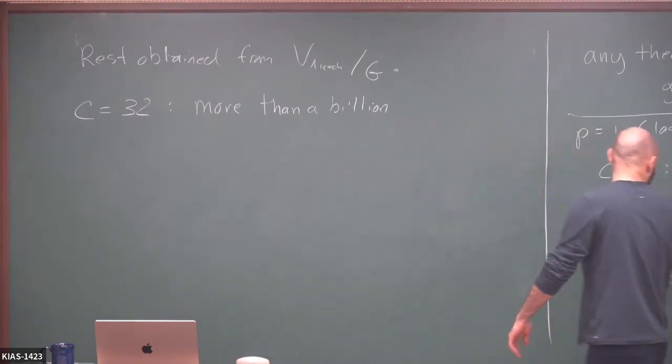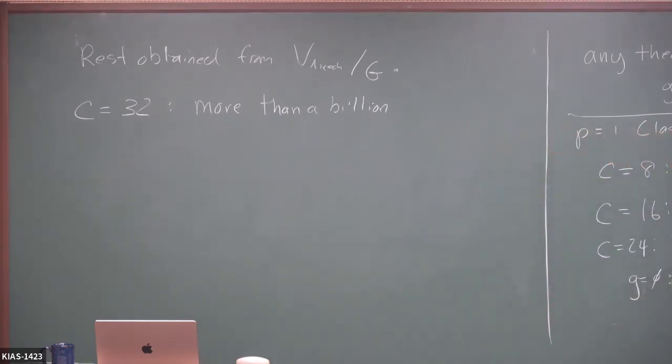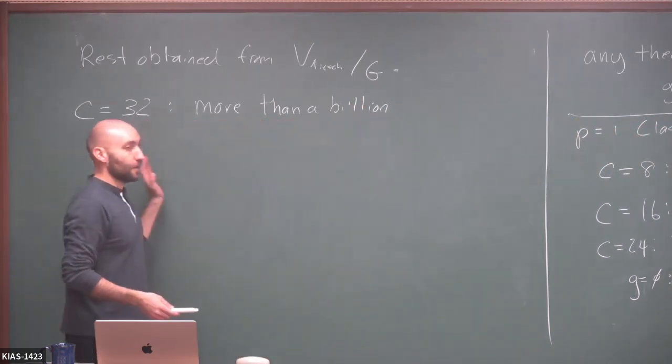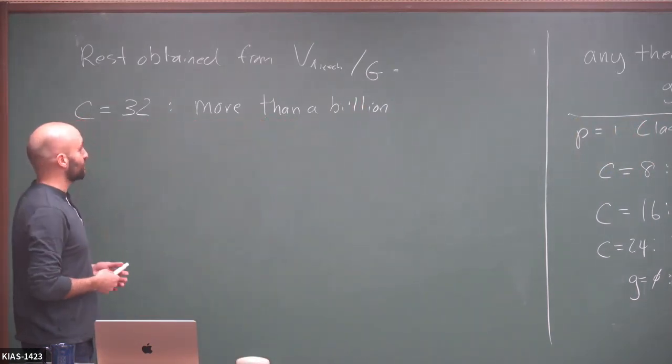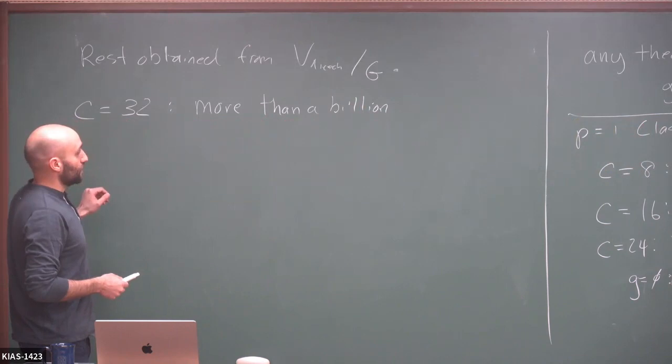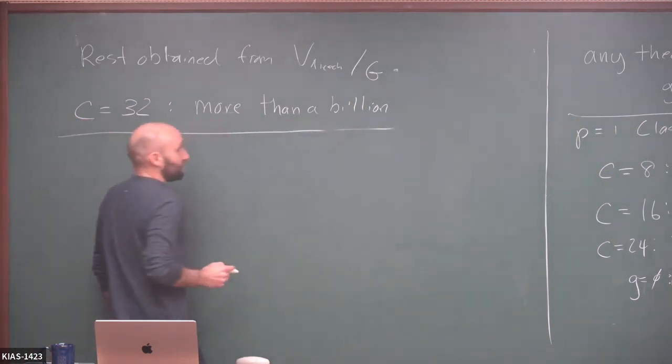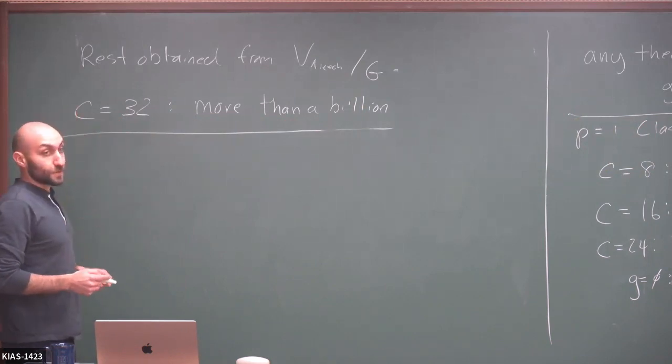And I'll just point out that over here, only 24 out of the 71 were chiral boson theories. So there may be 2 billion or 3 billion or 10 billion c equals 32 theories altogether. So it seems not very promising to try to obtain any kind of explicit classification of c equals 32.